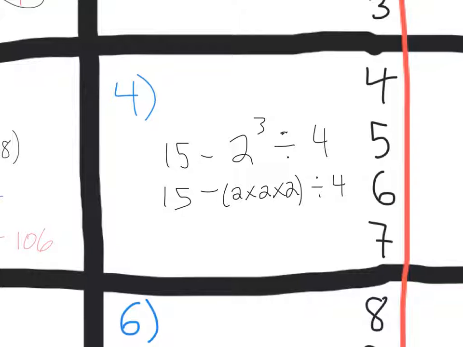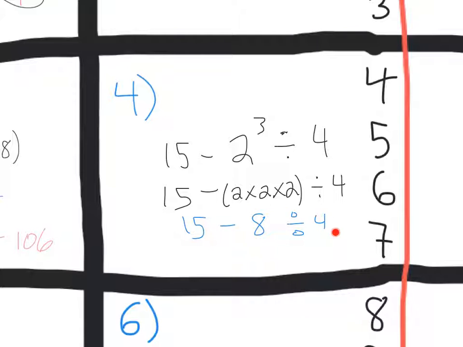Okay. Order of operations tells us to work with our exponent first. So we did that here, 2 times 2 times 2, and that's just going to be 8. And we've got a minus sign, bring everything else down. Okay, the common mistake is to go left to right here and do this subtraction first.